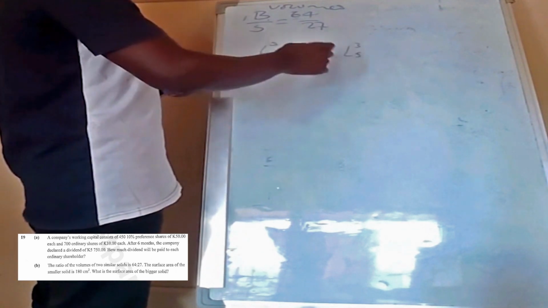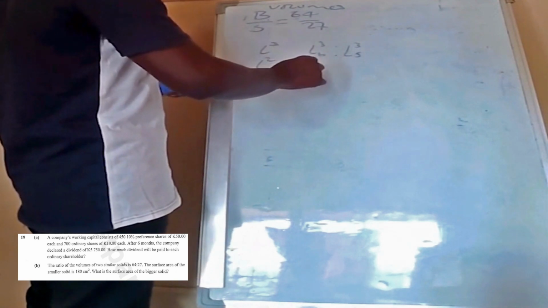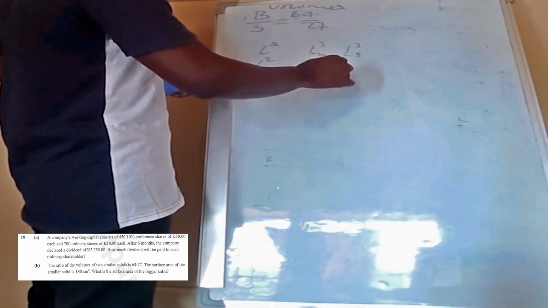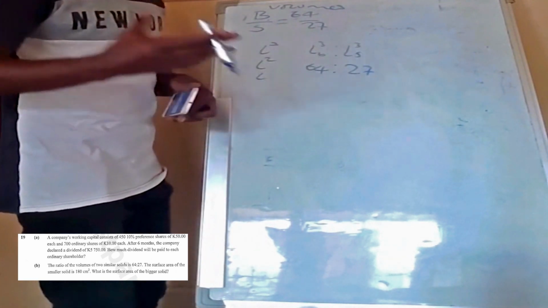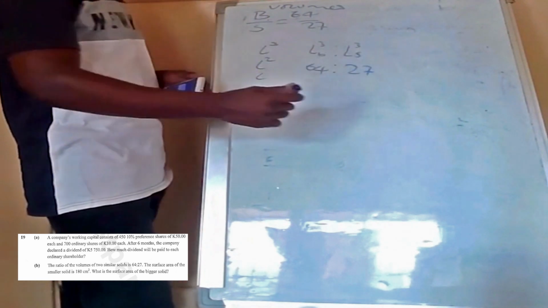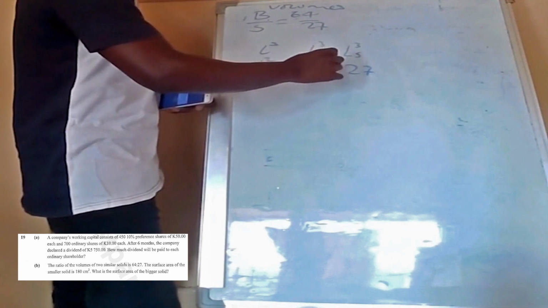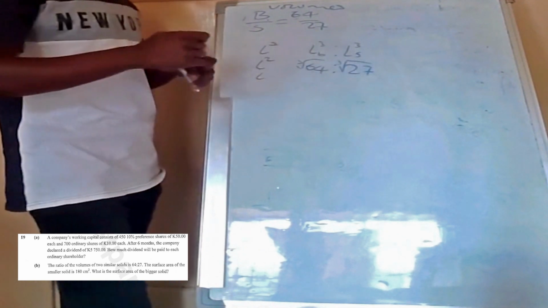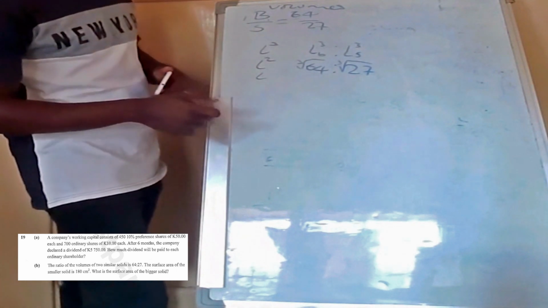Okay? So now, the volume of the bigger one is 64 to 27. So if we are to find the length of the smaller one, or the length of the bigger one, we'd have to find the third root of both these numbers.